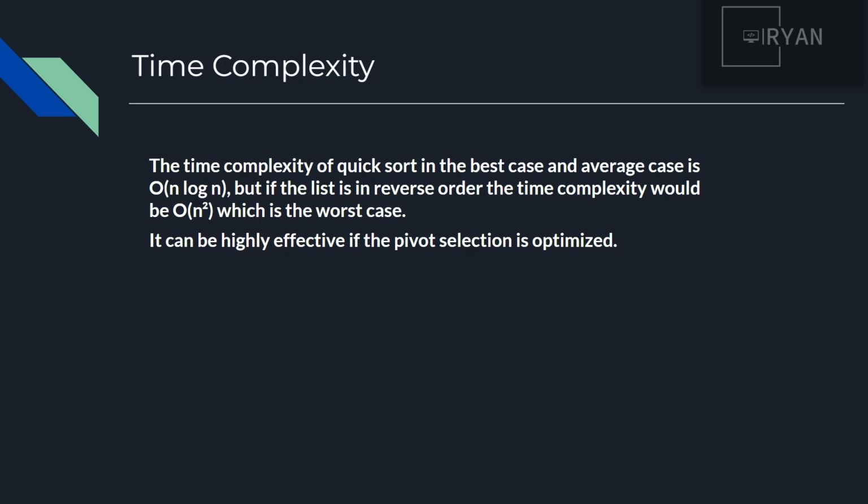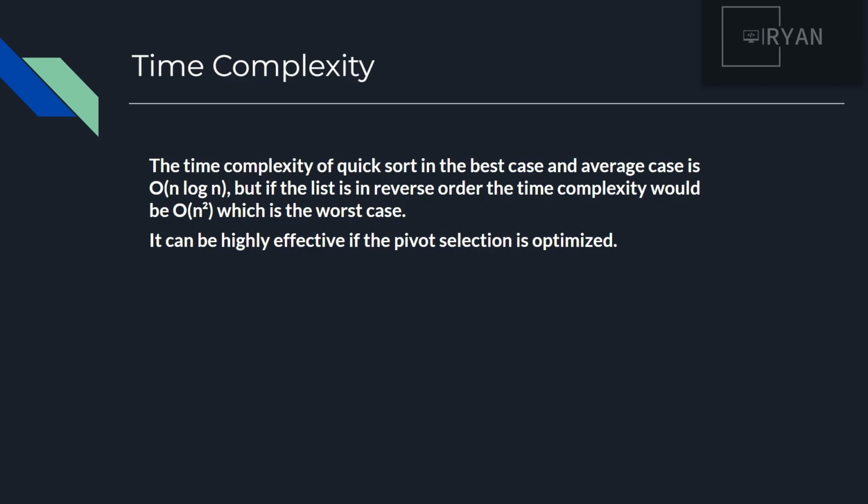Okay, now we have reached time complexity. So when analyzing quicksort, it is important to consider how pivot selection affects its performance. In the best case and average case scenarios, the pivot divides the array into 2 roughly equal halves at every step. This keeps the recursion tree balanced, and the time complexity becomes O of n log n.